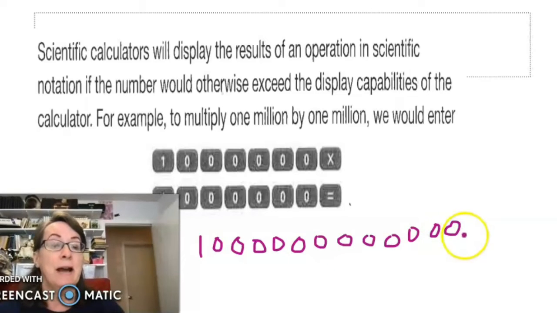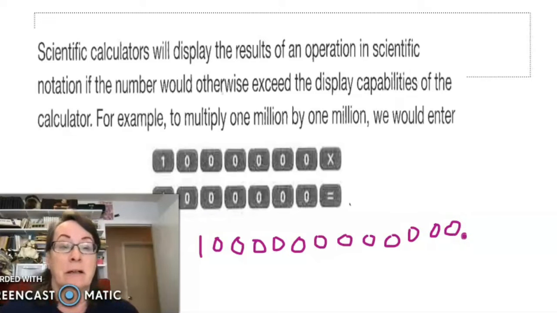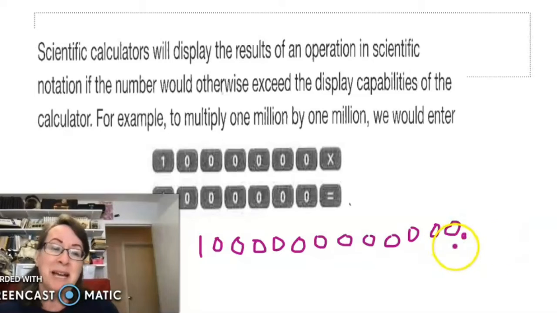Now that decimal is right at the end, and that number is bigger than most calculator displays. Usually a calculator display has 8 little slots for you to put the numbers in, sometimes 10, but really they don't go much bigger.